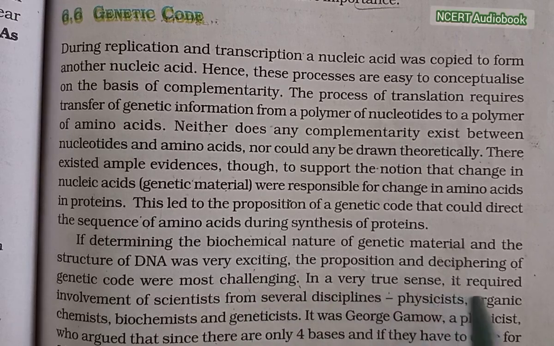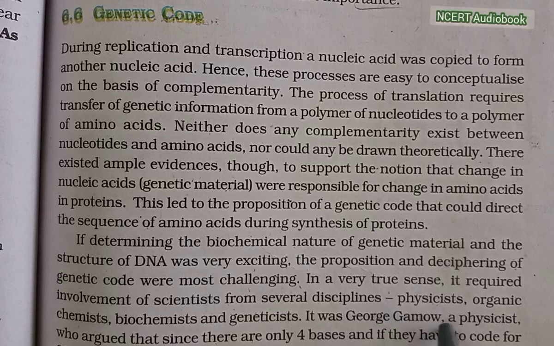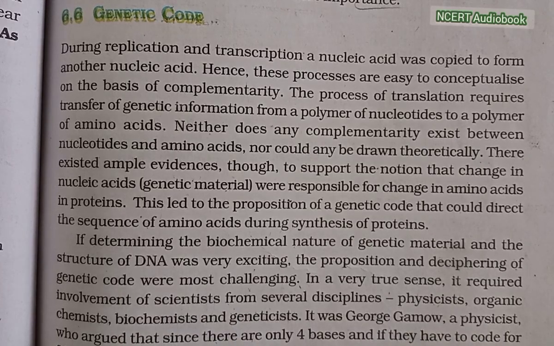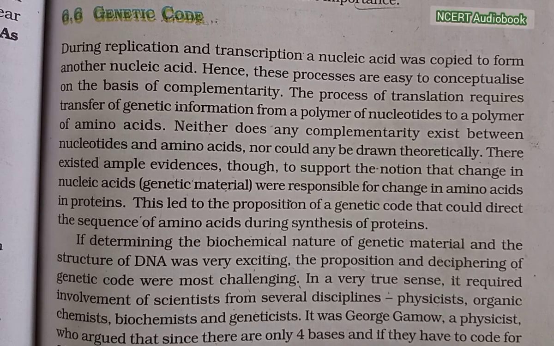In a true sense, it required the involvement of scientists from several disciplines: physicists, organic chemists, biochemists, and geneticists. It was George Gamow, a physicist, who argued that there are only four bases, and if they have to code for 20 amino acids, the code should be constituted by combinations of the bases.